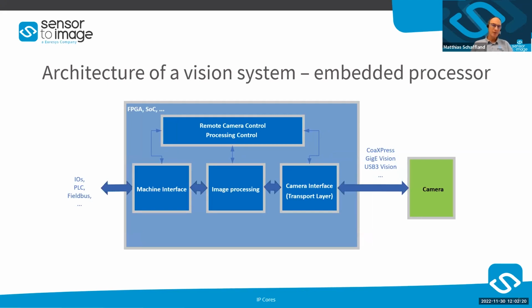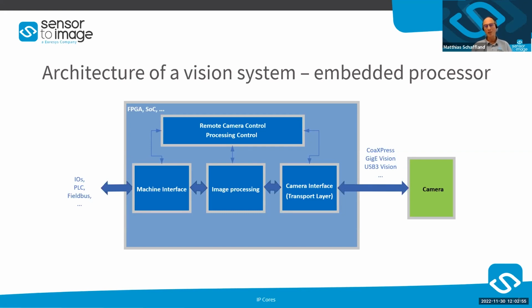On the embedded processor side, the counterpart is not too different. You have your external camera, which is connected to your processing board, which again could consist of an FPGA, an SoC, or an embedded PC or something like that. You need an interface to connect to the camera and implement the transport layer. In our case, again, something like CoaXPress, GigE Vision, USB Vision, or it could be MIPI and other interfaces as well.